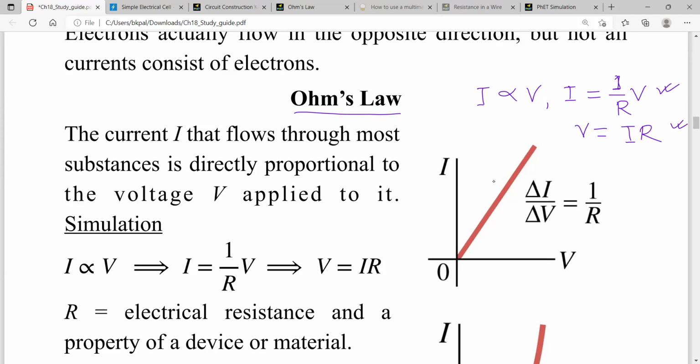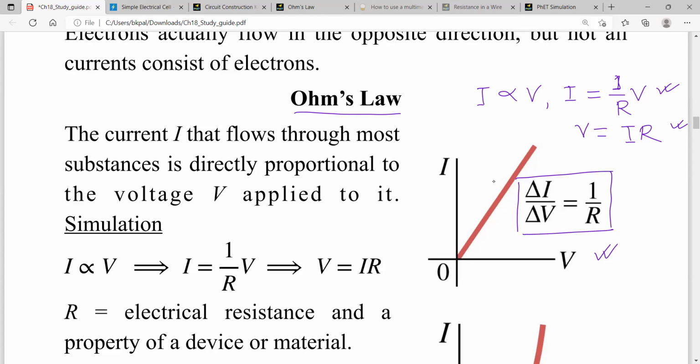Now if I draw a current versus voltage graph, it will be something like this. It will be a straight line going through the origin. If I determine the slope of this graph, I will get the reciprocal of the resistance.